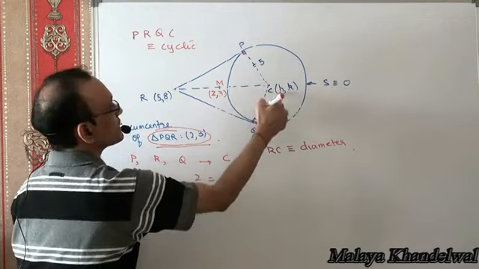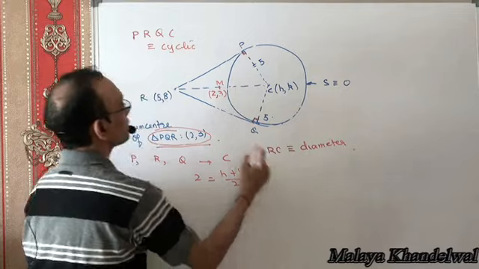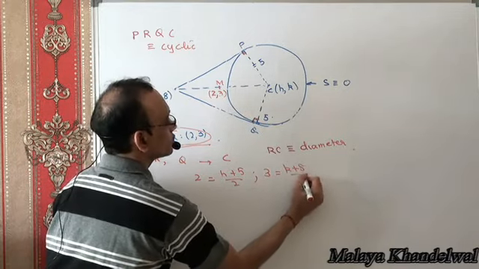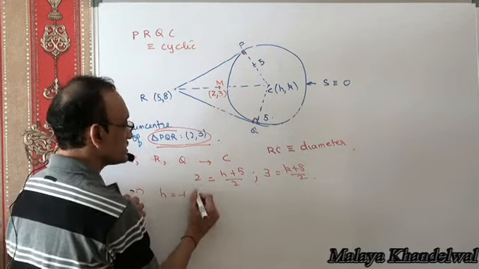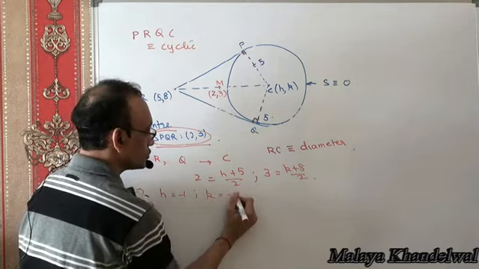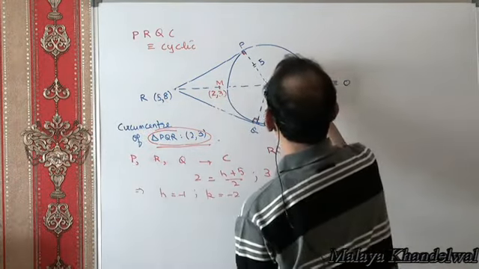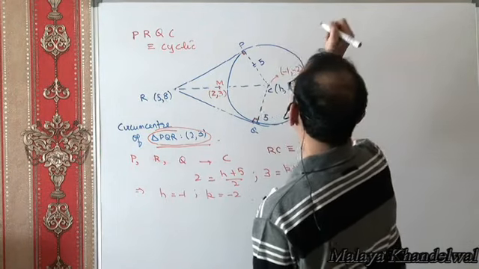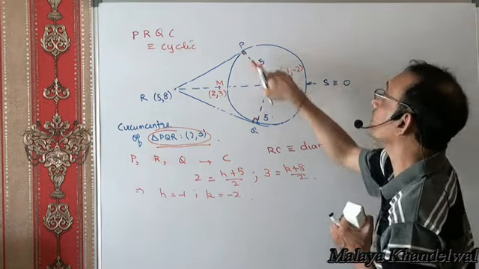2 must be (h plus 5) by 2 from the section formula, and 3 must be (k plus 8) by 2. That gives me h equal to minus 1, and k equal to minus 2. That means I now know the center of the circle: (minus 1, minus 2). If I know the center of the circle, I know the radius of the circle.